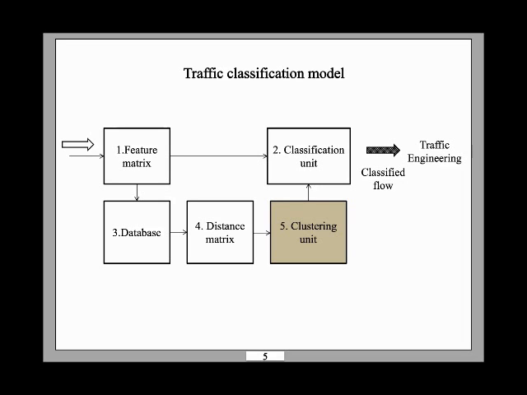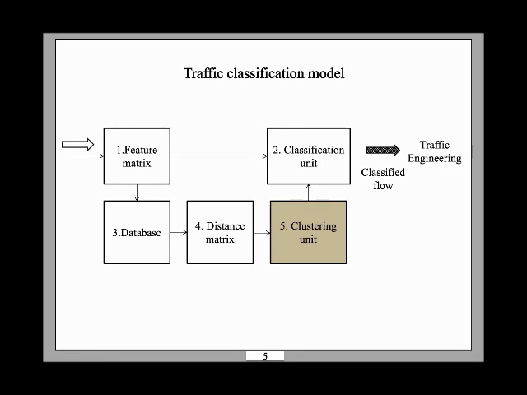The controller calculates the feature matrix, which consists of inter-arrival time, packet length, and their average characteristics. The generated feature matrix is used to automatically classify flows using the supervised learning methods random forest and XGBoost. Appropriate traffic engineering policies are applied to the classified flow.